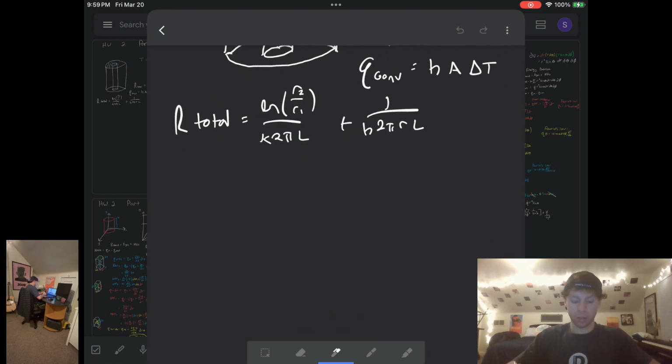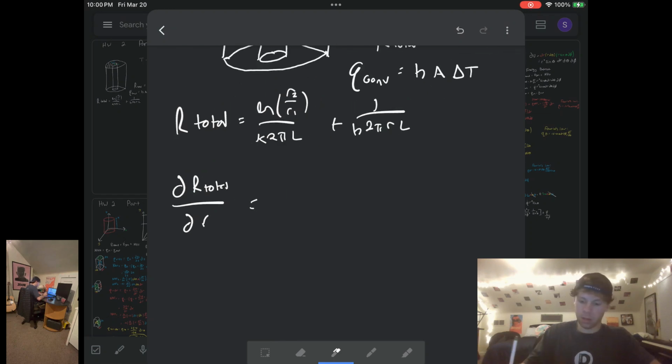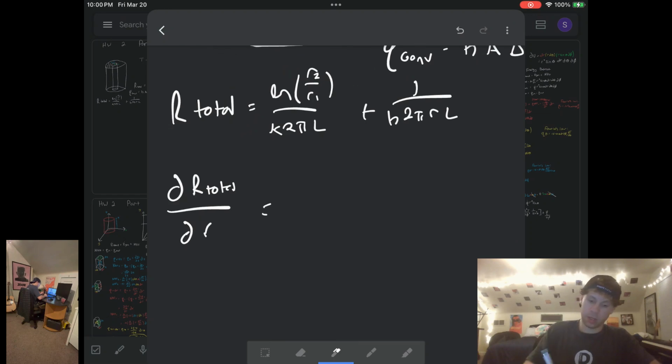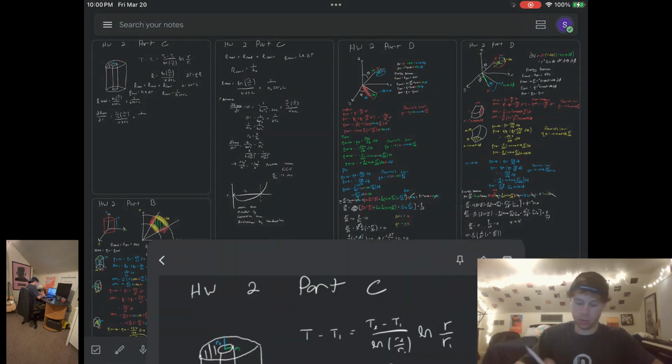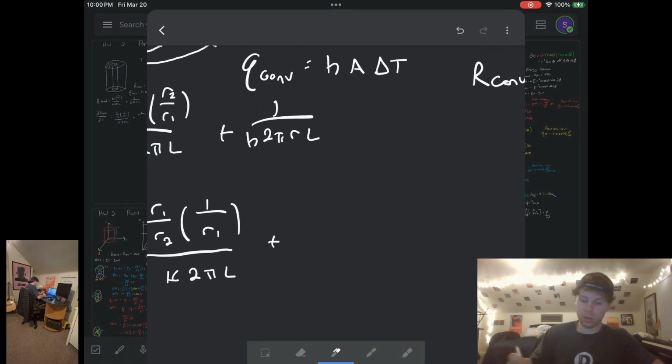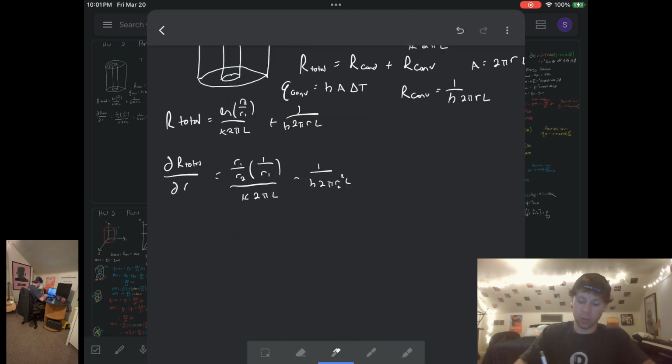What that'll look like is R1 over R2 times 1 over R1 divided by k 2 pi L, plus 1 over 2 pi R squared L, and also this will be negative. And all this will be equal to 0.